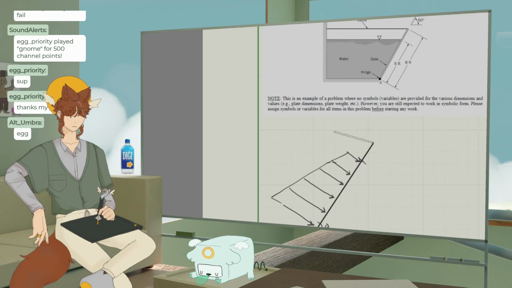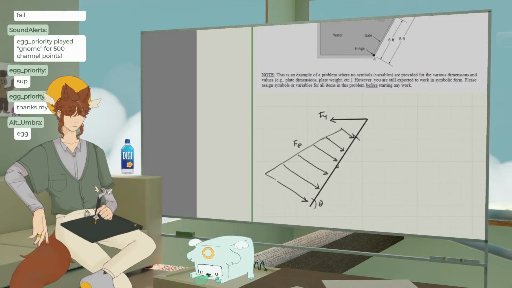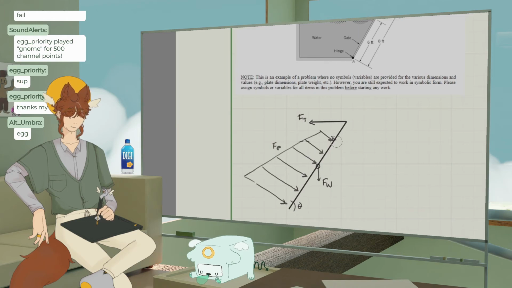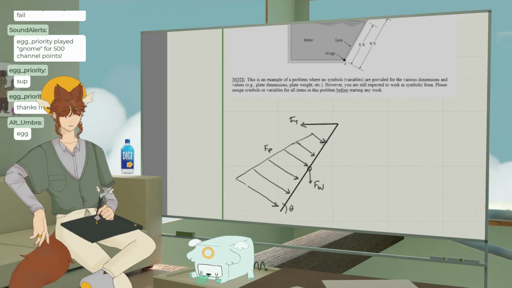Oh, and then we have a cable. So this is FT. This is FP. We have a weight that's gonna go down. F weight. I guess I should put some dimensions on here.